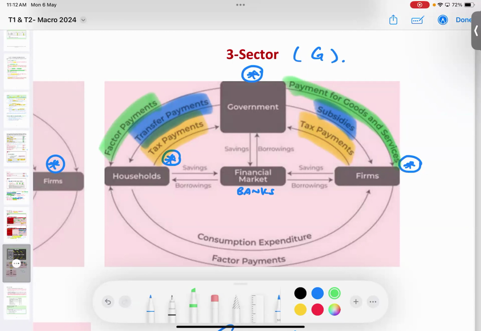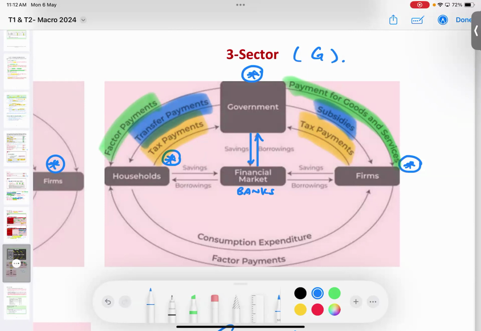So when government is involved, you can see the flow of income is a bit more already. At the same time, of course, government can save money in banks as usual, and banks can also lend money to the government. So in three sector over here, you have government, so therefore you have all this flow of income here.